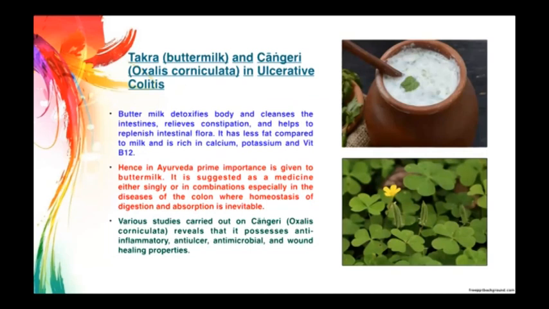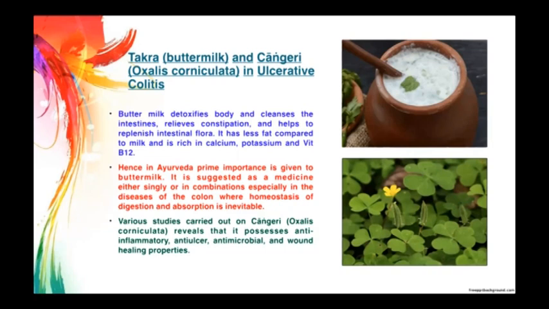Buttermilk detoxifies the body and cleanses the intestine, relieves constipation, and helps to replenish intestinal flora. It has less fat compared to milk and is rich in calcium, potassium, and vitamin B12. Hence, in Ayurveda, prime importance is given to buttermilk. It is suggested as a medicine either singly or in combinations, especially in the diseases of the colon, where homeostasis of digestion and absorption is inevitable.